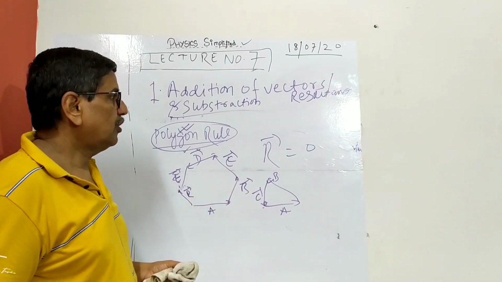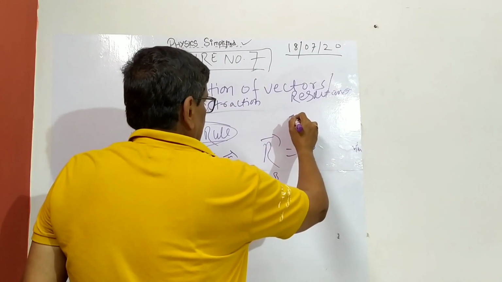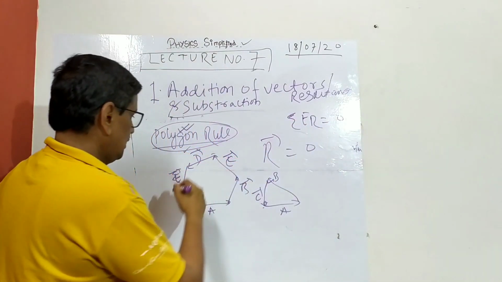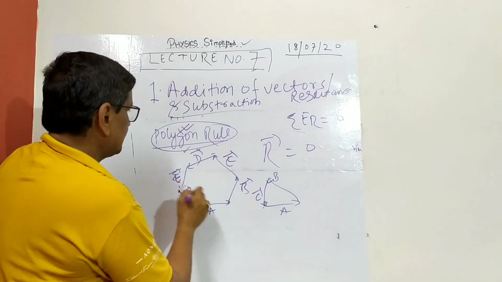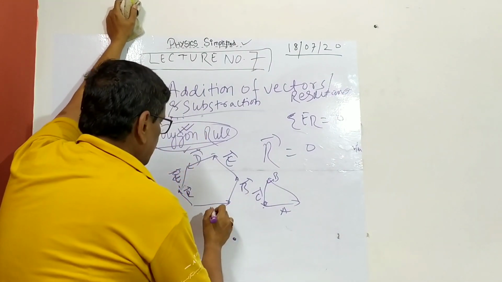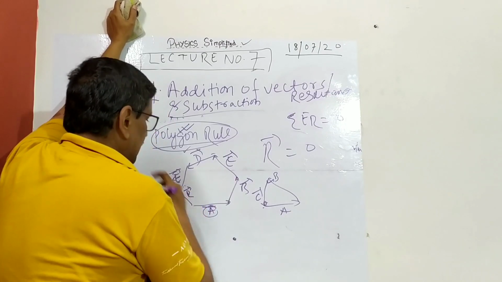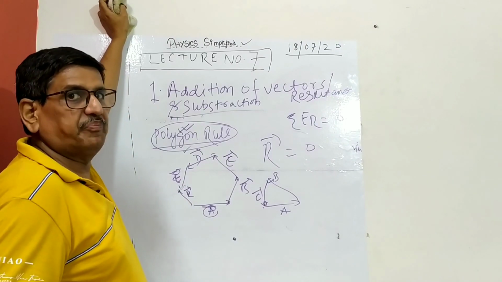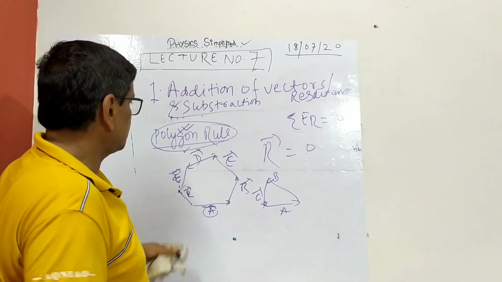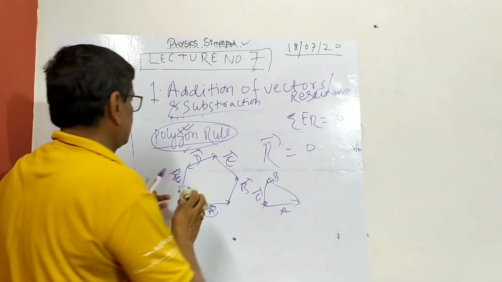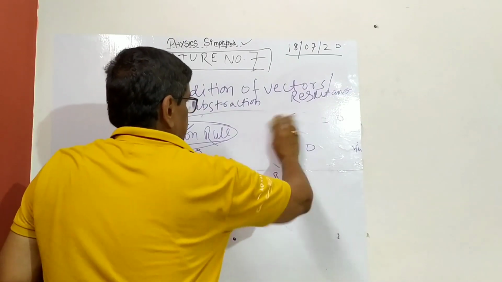We all know that if the resultant of forces is 0, then the system is in equilibrium. Suppose 5 forces are acting on a particle, represented by these vectors, and then they'll ask what is the resultant, whether the system is in equilibrium. This is very interesting, because you may have different questions and people get confused.